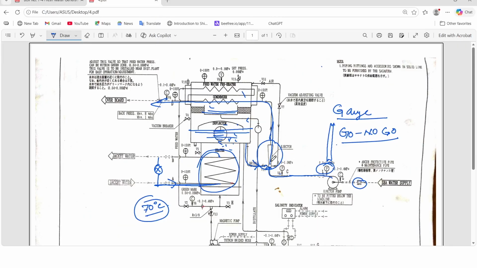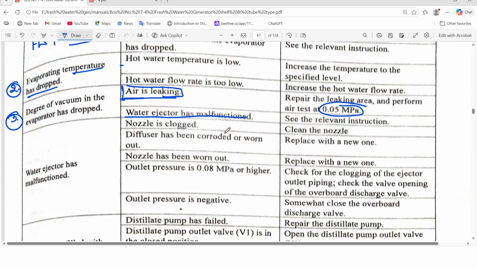So that is also a reason why it can happen. So a water ejector malfunction can also be one of the reasons for the vacuum of the evaporator unit dropping, so the production is also dropping in that case. Okay, the remaining troubleshooting we will discuss in the upcoming lecture. Okay, thank you.